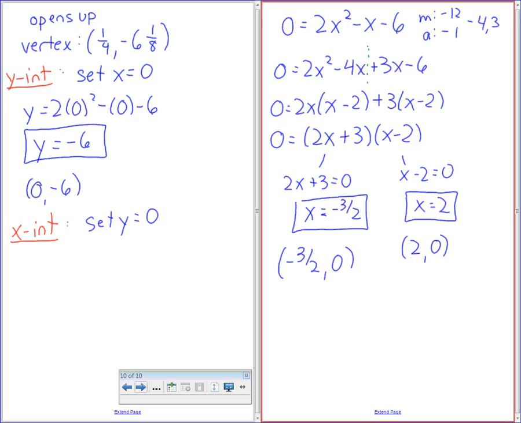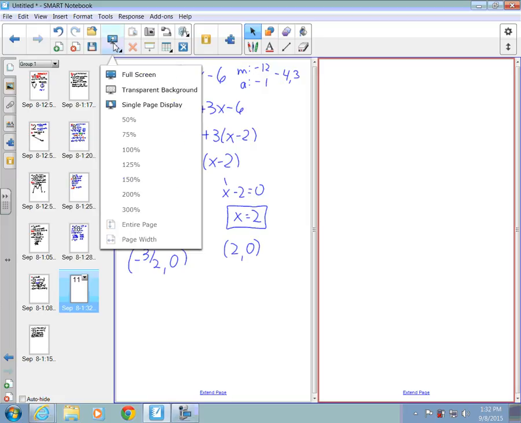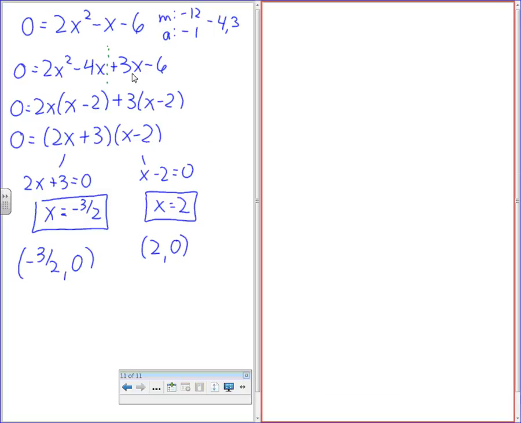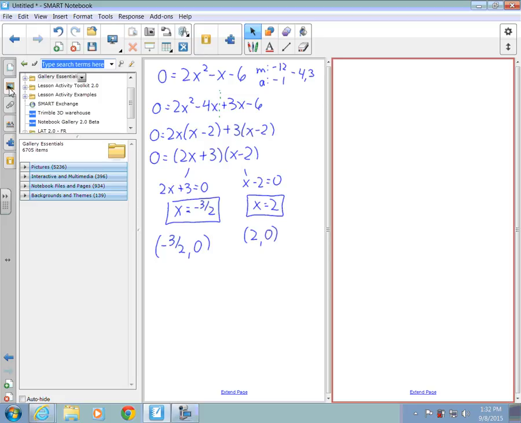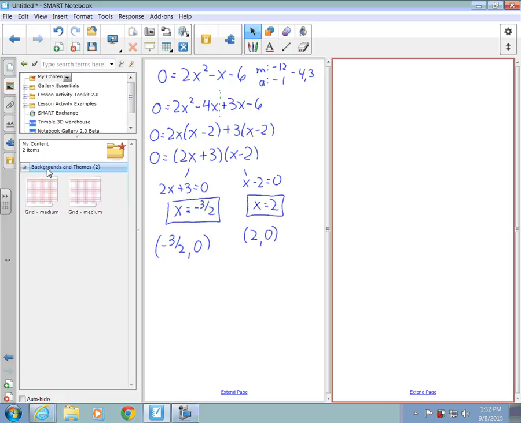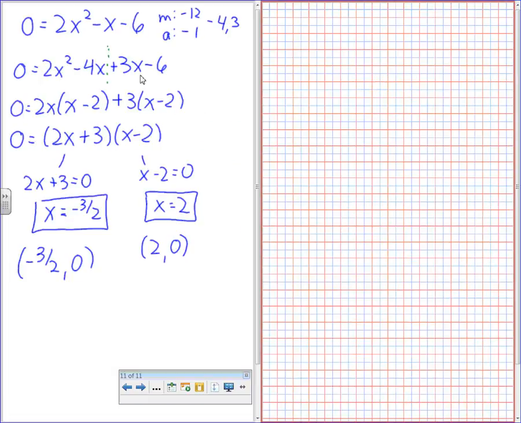How are we doing for time? You have about 2 minutes. Yep, finish up the other one as soon as I'm done this example. Okay, so this is going to be the fastest graph we've ever seen.